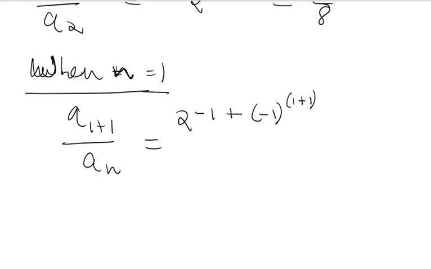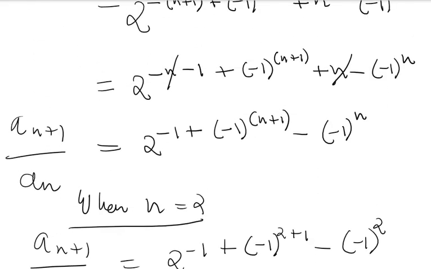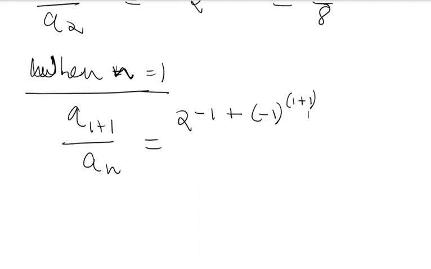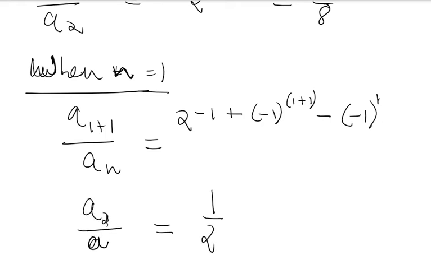Then what was it? I have to check it every time. Then that is minus 1 to the power 1. So what are we left with? We are left with just 1 by 2, a2 by an. So what can you understand from here?